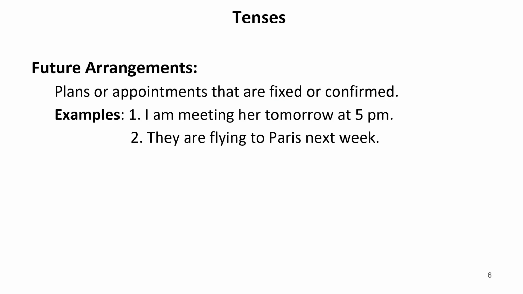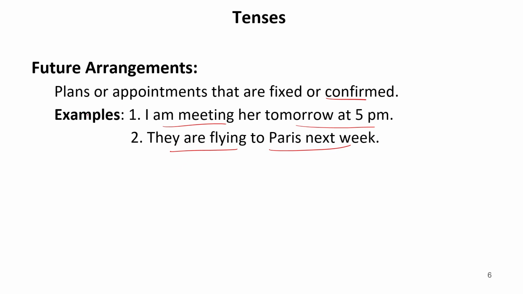Future arrangements. Whenever we write the phrase going to, that is also part of present continuous tense, but it is describing something that has to happen in the future. Plans or appointments that are fixed or confirmed. I'm meeting her tomorrow at 5 p.m. They are flying to Paris next week.